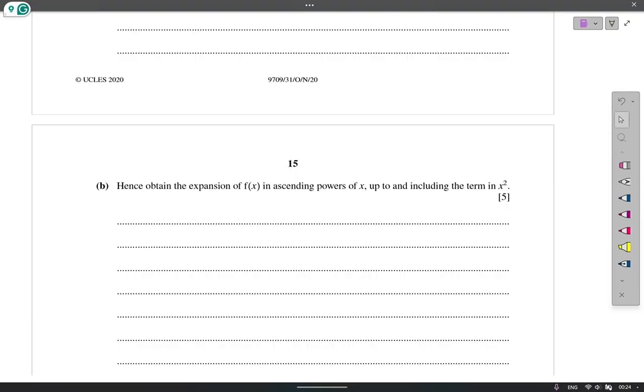So here we can find the terms in ascending powers of x squared using the binomial method. So from the last part, our equation became this.